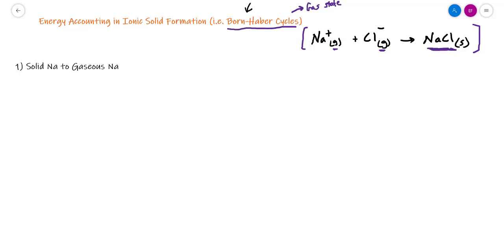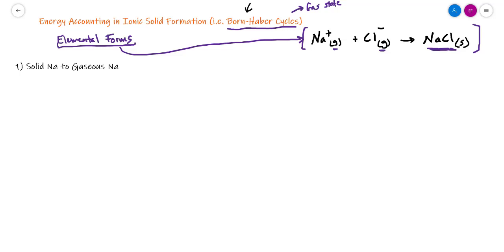The first step here is, and really what we're doing is thinking about what are the elemental forms of the reactants, and how do we get those elemental forms of the reactants into a form that looks like this: sodium ions in gas, chloride ions in gas.